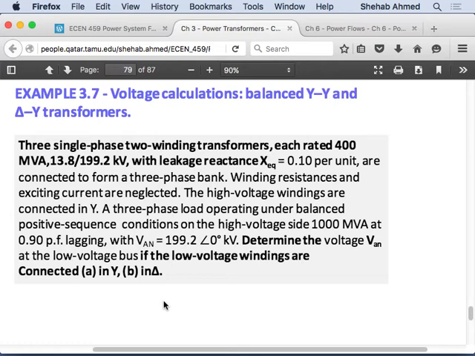So in this case, the single-phase transformer is 13.8 primary, 199.2 secondary. So the turns ratio is what? 199.2 over 13.8. Here they gave you the actual turns ratio, right? And with a leakage reactance of X equivalent 0.1 per unit. Here they give you the impedance in per unit, right?